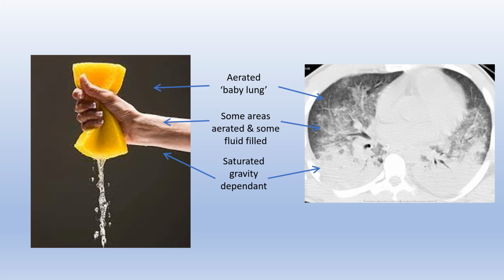In the middle regions, we've got some areas where it's aerated, some bits are fluid filled. We've got a mixture of how successful that can be, and what's really responsible for the ventilation is what we refer to as the baby lung, which is the aerated part of the lung. So we've not got enough lung tissue really able to ventilate and perfuse well.